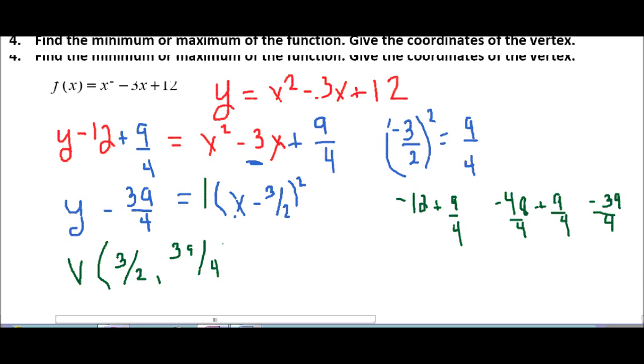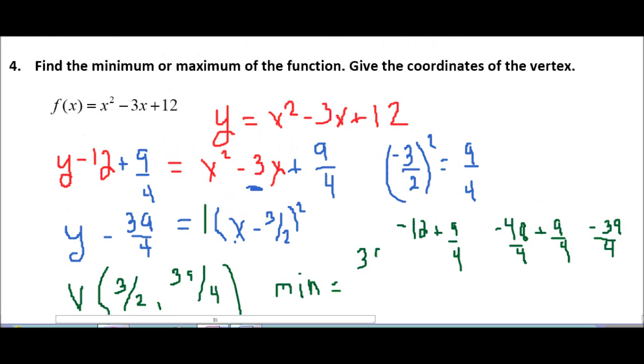And because my parabola opens upward, it means I have a minimum value. And that minimum value is the y coordinate of the vertex. 39/4 is as low as this graph goes.